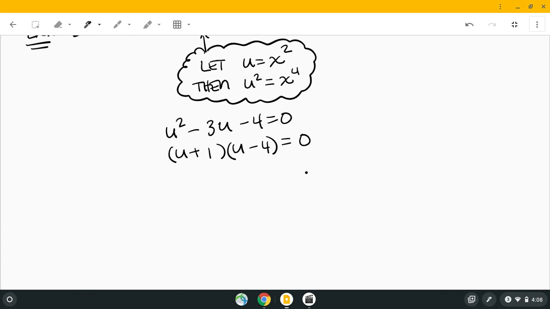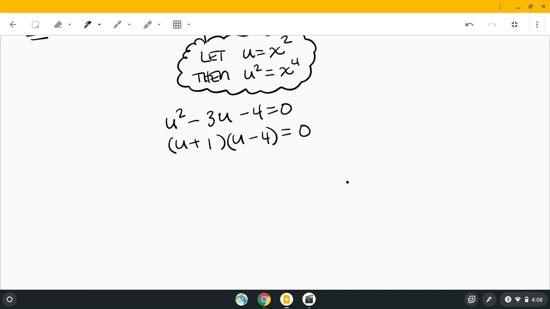And I believe that gives me -3 for the middle. It does. So this is the correct factorization. And so u plus 1 equals 0, u minus 4 equals 0. Subtract 1, so u equals -1. Add 4, so u equals 4.